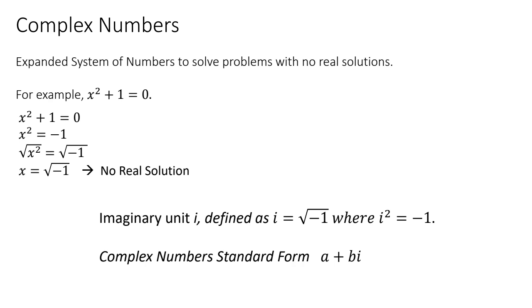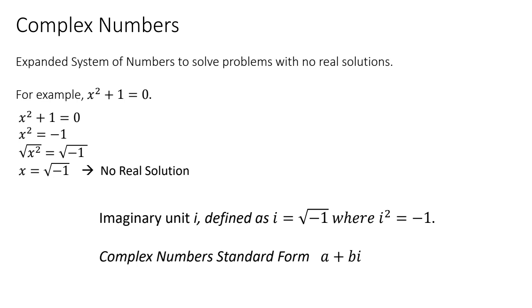Now, this is what's called a complex or an imaginary number. But what is a complex number? A complex number is something that has a real part and an imaginary part. The standard form of a complex number is given by a plus bi, where a is my real part and bi is my imaginary part.